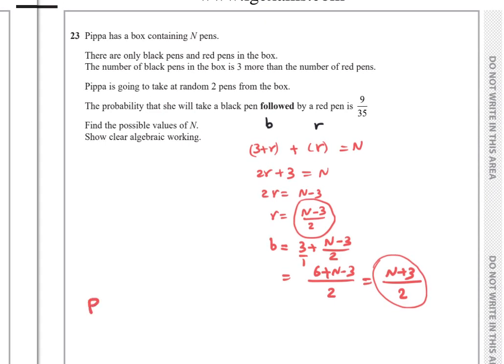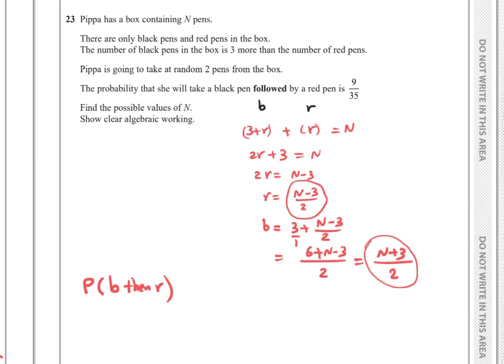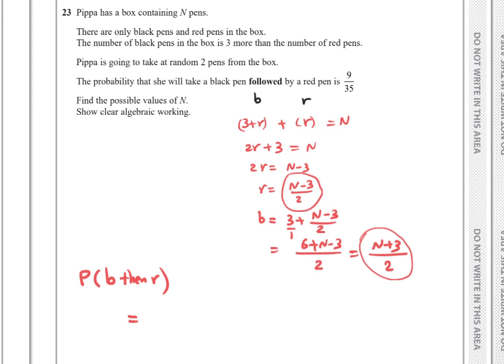Probability of black then red equals probability of black, number of black, which is (n plus 3) over 2 divided by the total number, which is n.